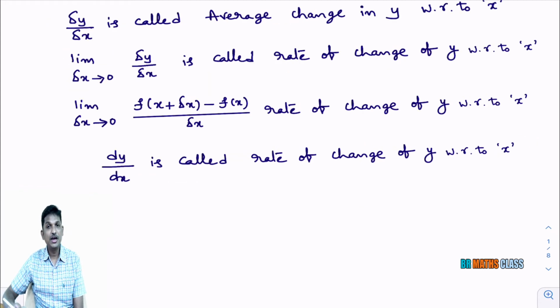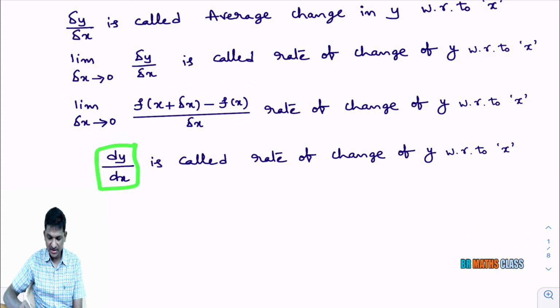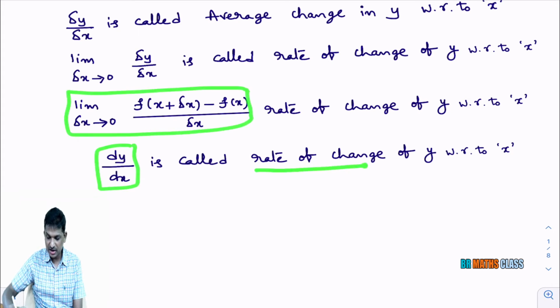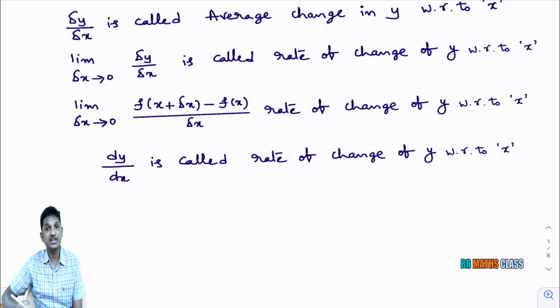So finally we came to the main point. This is the first principle of derivative, so this is f dash of x. f dash of x means dy by dx. dy by dx is called the rate of change of y with respect to x.